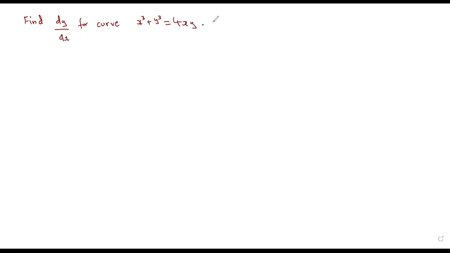And then they're saying, hence find the gradient of the curve at the point (2, 2).